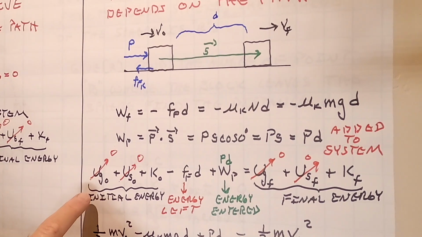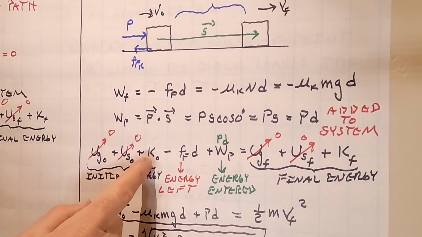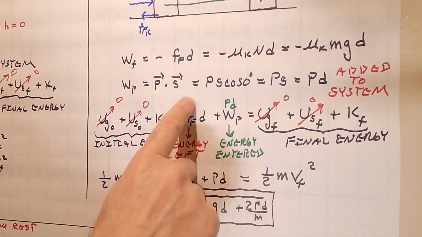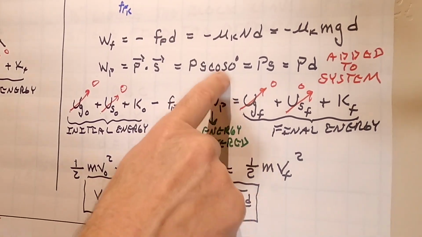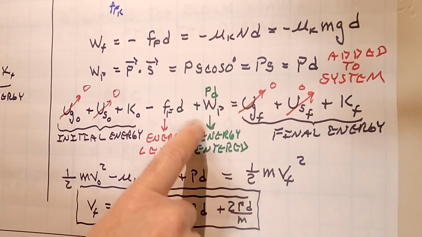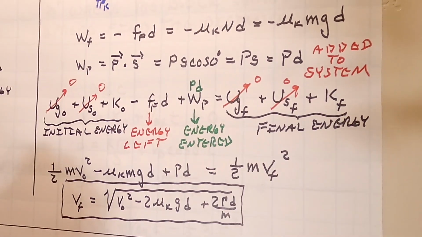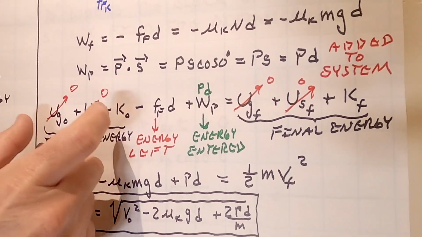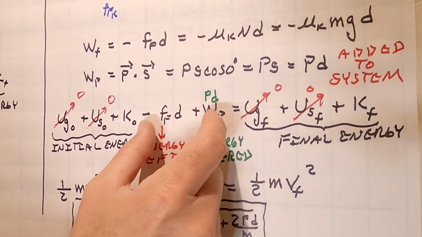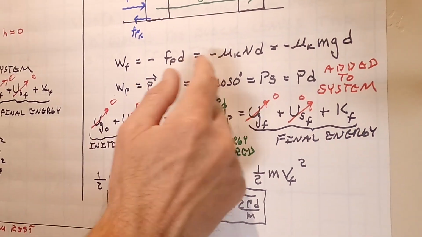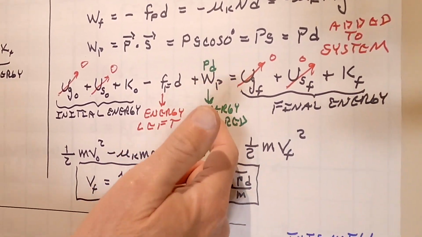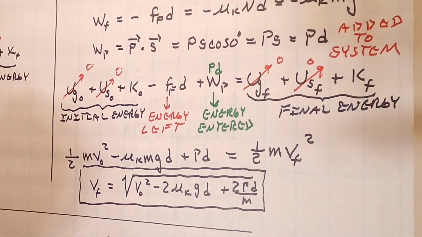So now, when we write our energy equation, we have our initial energy minus our work due to friction, plus what we added to it, and that equals the final energy. So this is really what my energy equation is going to look like. It's going to be whatever you had at the beginning, minus whatever you lost when you went from A to B, plus whatever you gained, or this could be negative, you could lose it, and that equals the final energy.